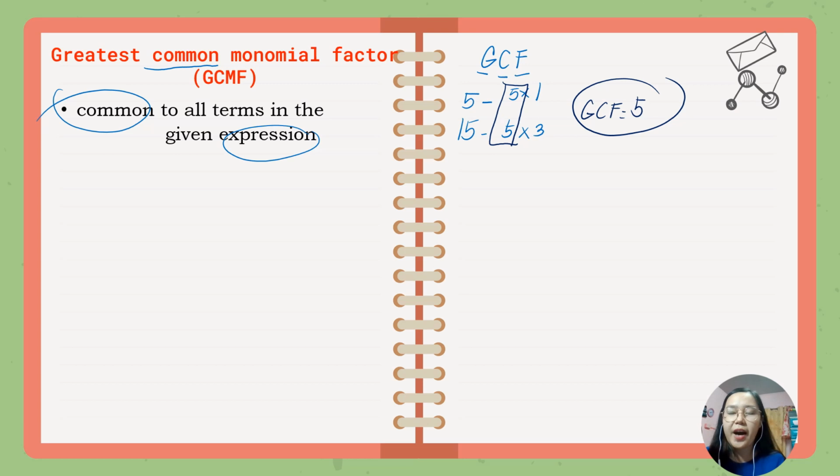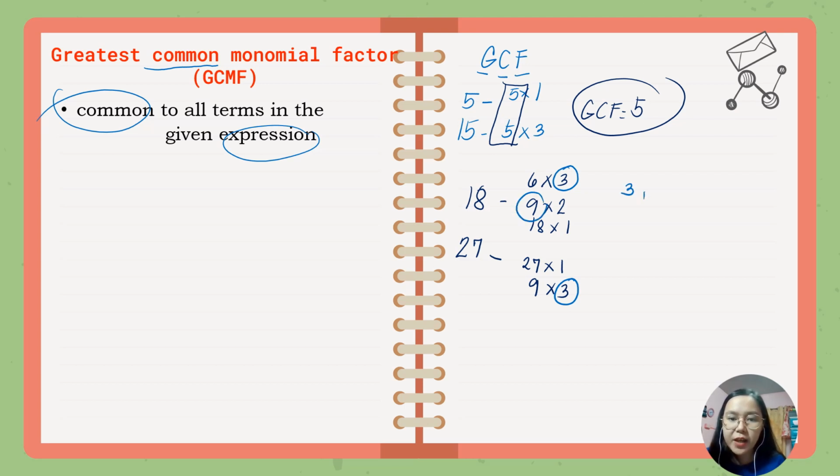Another, let's say we have 18 and 27. For 18 we have 6 times 3, 9 times 2, 18 times 1. While 27 has 27 times 1, 9 times 3. What are the common numbers here? We have 3 and 3. Ano pa? We also have the same 9.